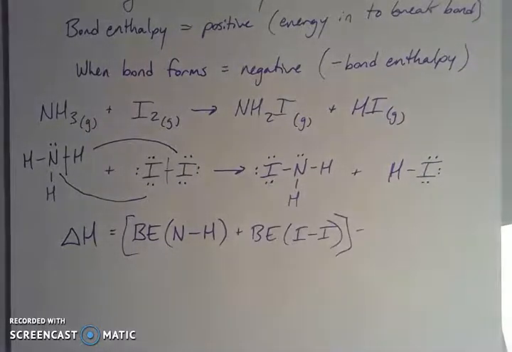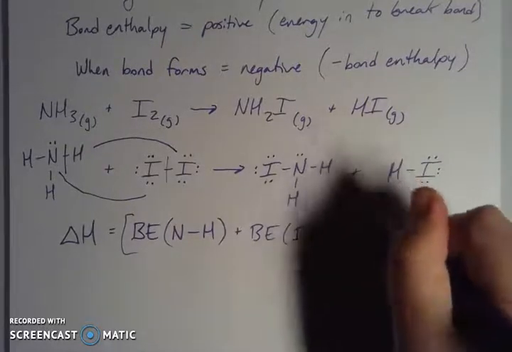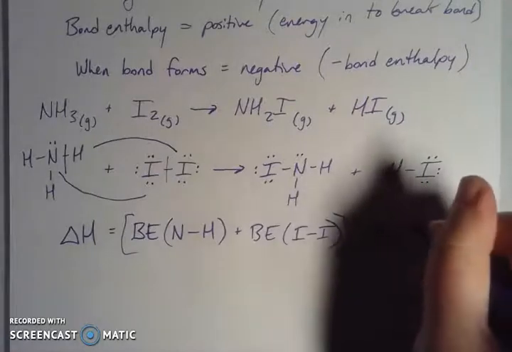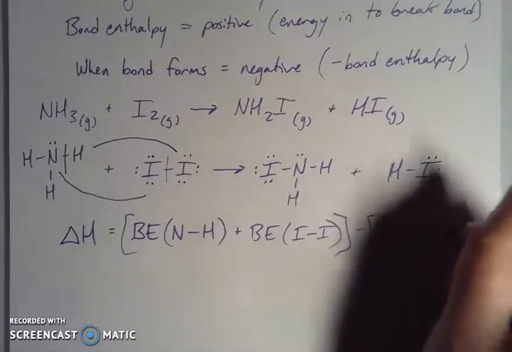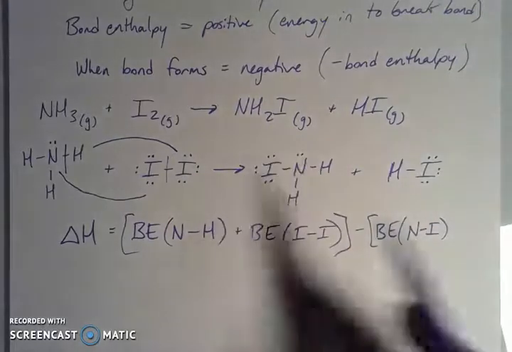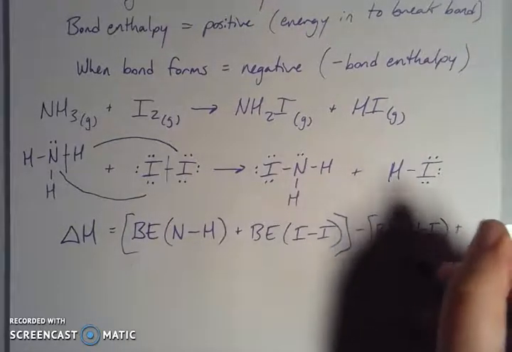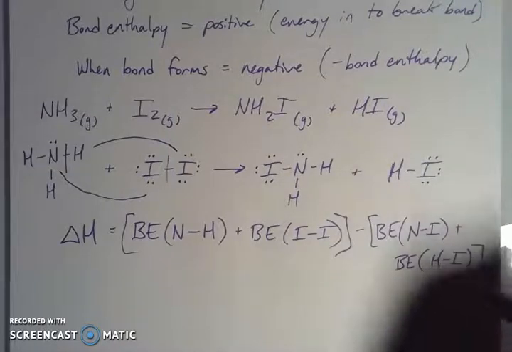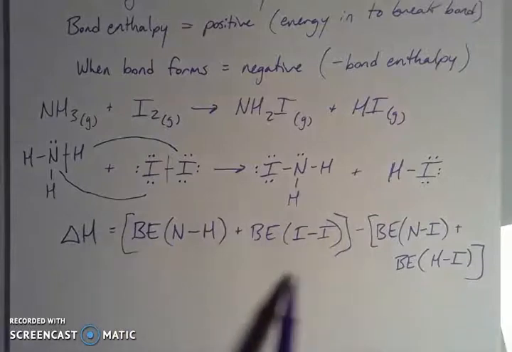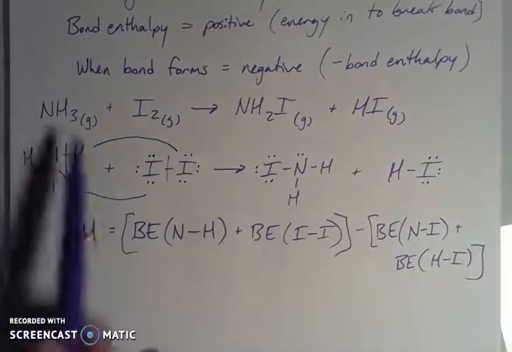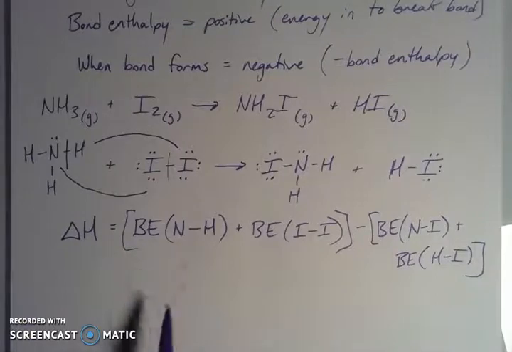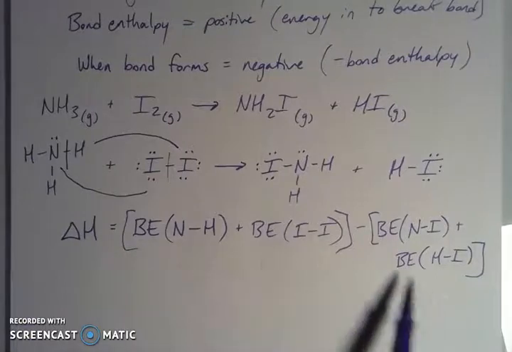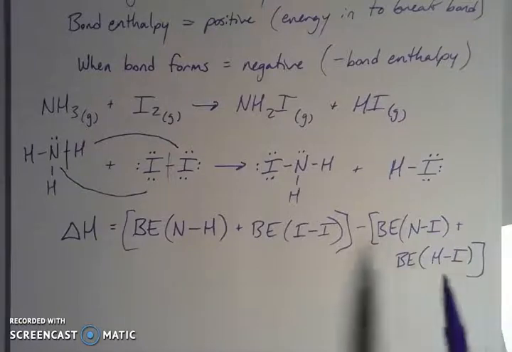And we're going to subtract from it the amount of energy that we get out from these guys, and that's going to be the bond enthalpy of my NI here, from the formation of this guy, plus the bond enthalpy of my HI, which is the formation of this guy. So my reactants, the energy of the reactants here that I had to put in order to break these bonds, minus the amount of energy that I'm going to get when I am forming these guys.